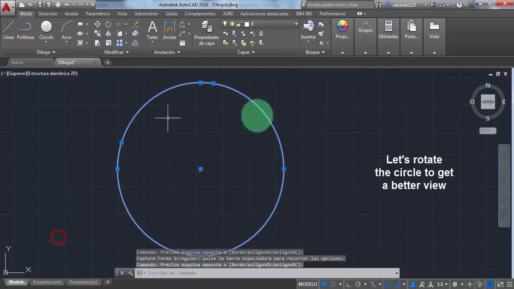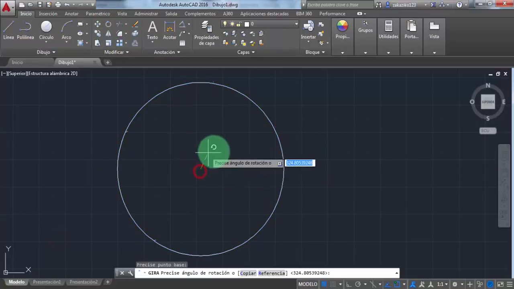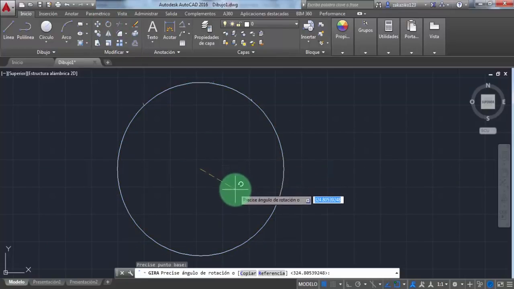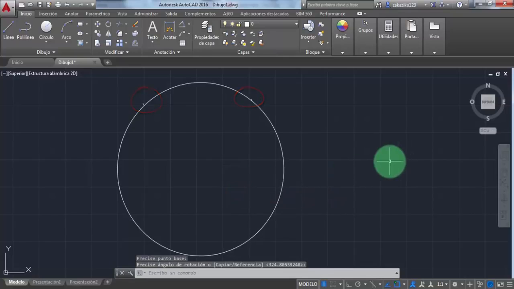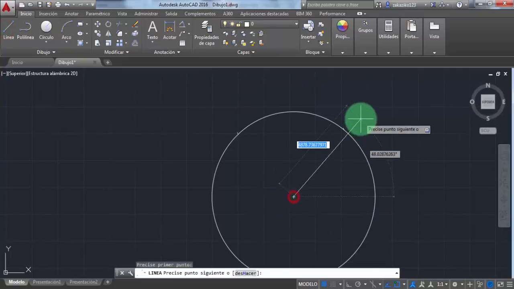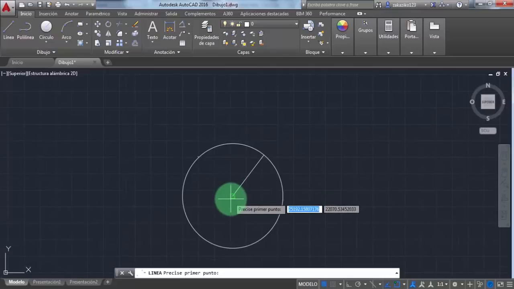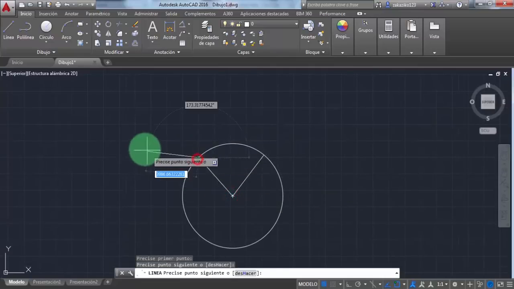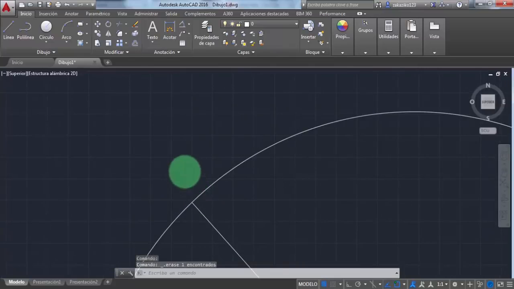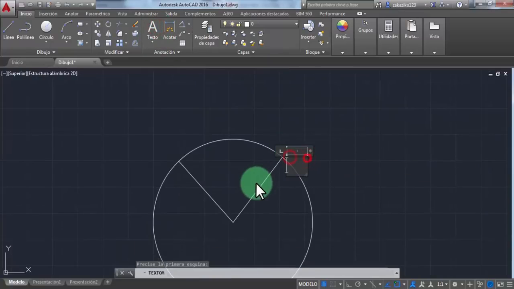Let's rotate the circle to get a better view. Now it looks better. I'm going to draw 2 lines to get tangent lines at 90 degrees. Now I'm going to write the names of the cities so you can understand what I'm doing.